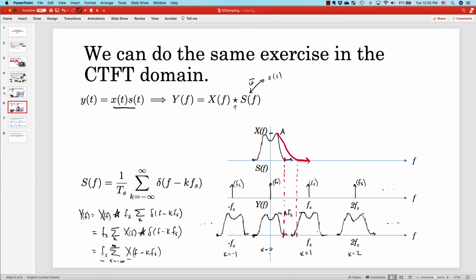So we'll get to that in a second, but I just want you to see that it mattered here, not so much the shape of x of f, but its width, right? So if we're talking about a baseband signal, which we are here, this is centered about DC, then I would call this the bandwidth of x. So B is this single-sided bandwidth.